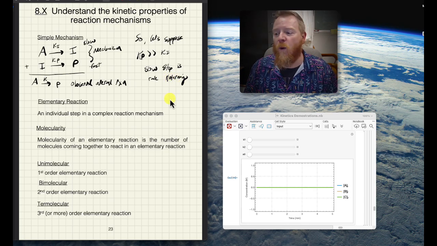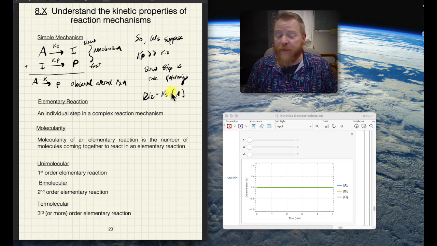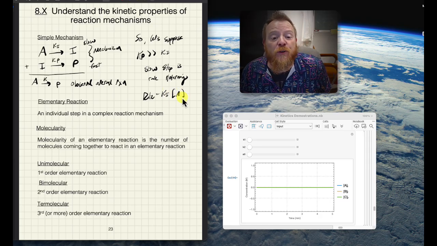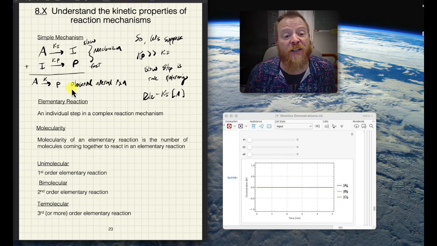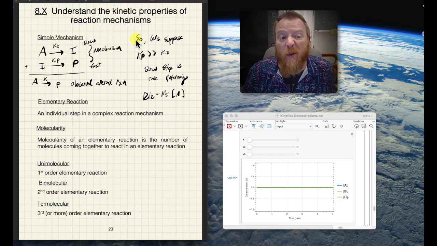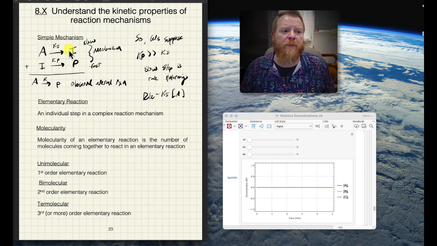And so what that means is our rate is equal to Ki times A. And because that's a first order step, our observed order in this reaction would be first order in A, because really the first step is rate limiting.